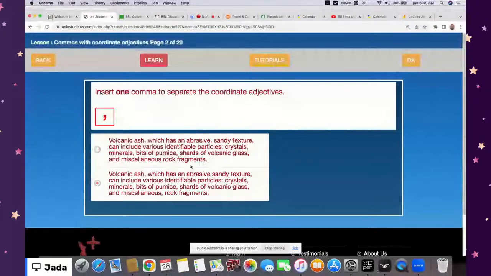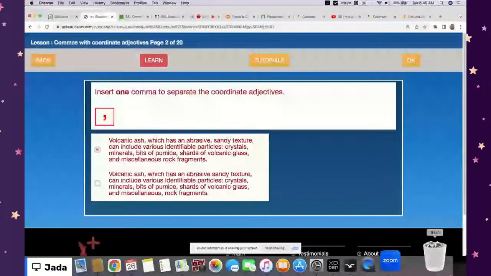So, what's going to be the right one here? This or this one? You have to pick two adjectives that are beside each other and then you choose the right one. That's what you need to do.